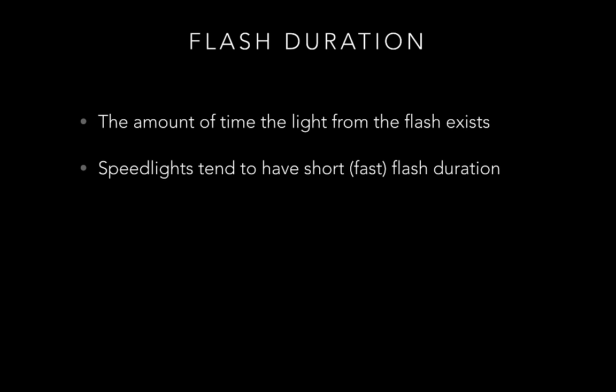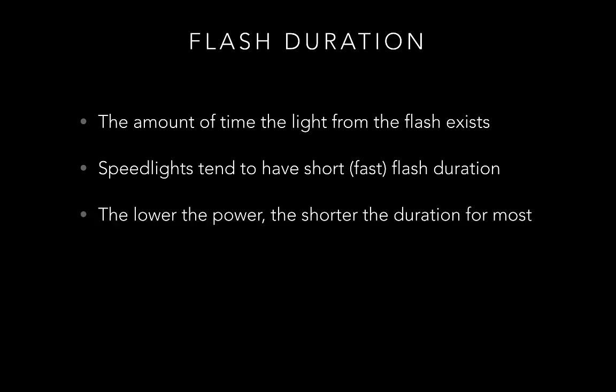You're able to freeze motion in an image because that flash comes on and goes away super fast. So even if you're using a slow shutter speed, that flash comes and goes in such a bright burst of energy, burst of light, that it will freeze the motion. So the lower the power of the flash, the shorter the duration for most speed lights.